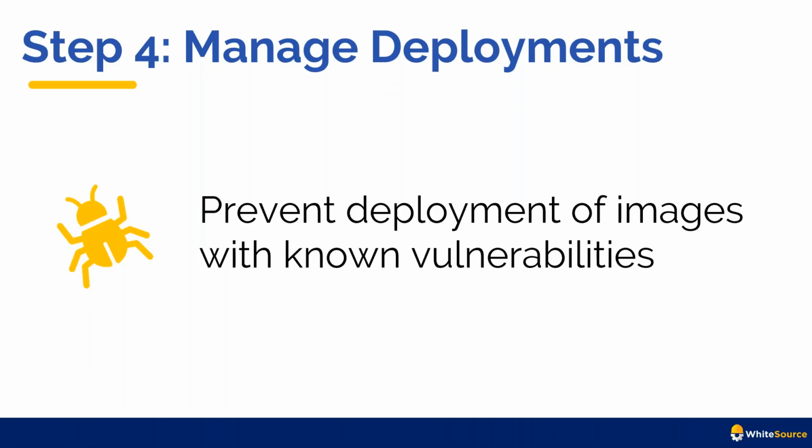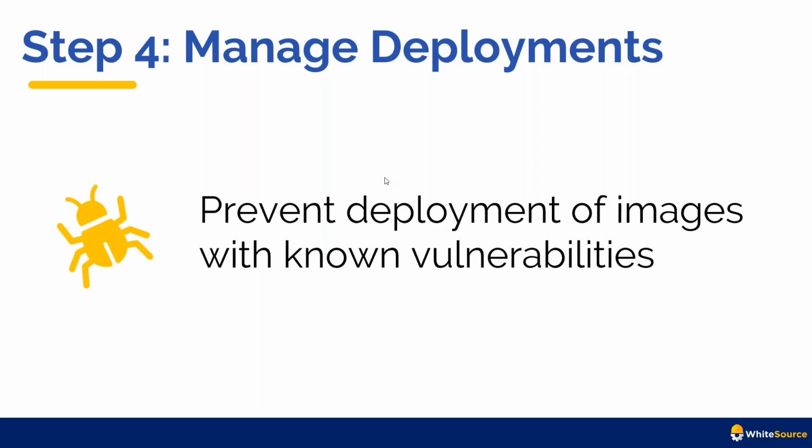So this means that I prevent deployment of images with vulnerabilities. So even if I did everything in the process right, and I scanned in the build step, and I scanned in the image registry, we might have some time between the images stored in the image registry until they're actually deployed into production. And during that time, new security vulnerabilities might be disclosed.